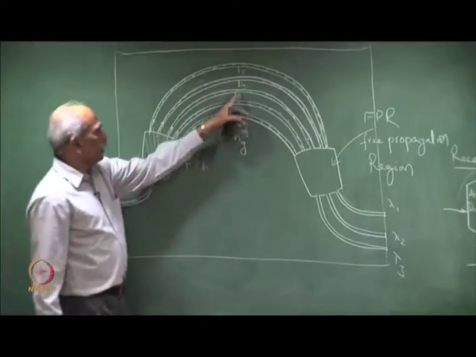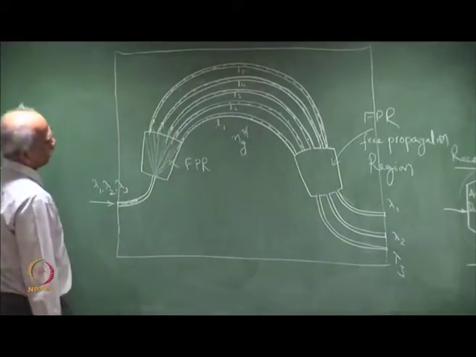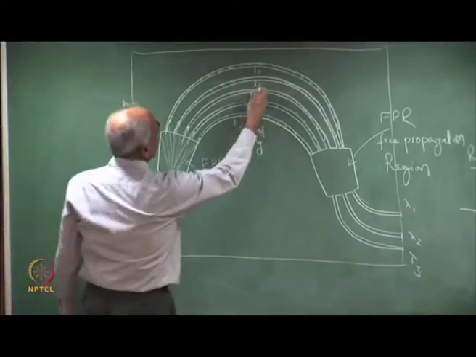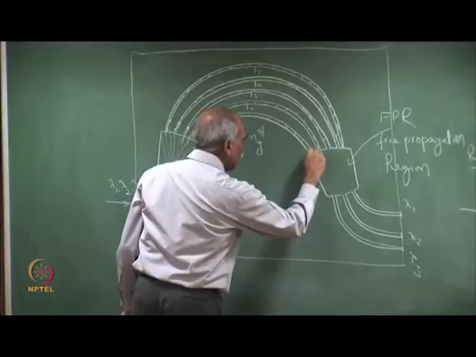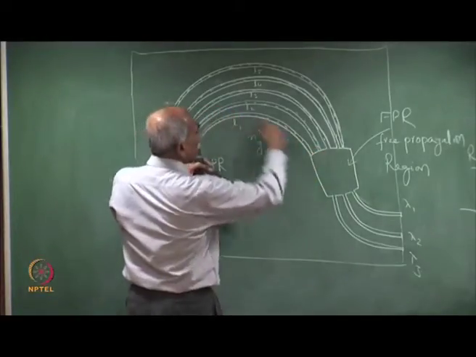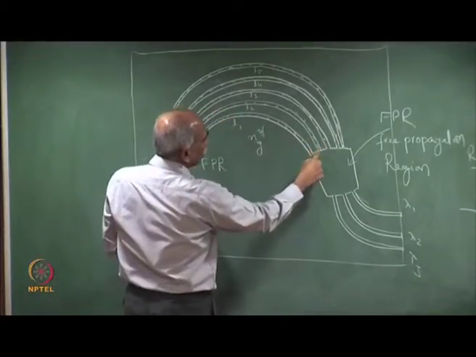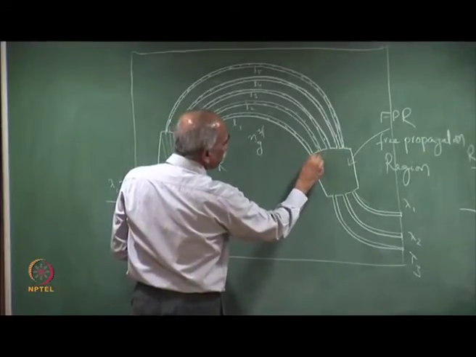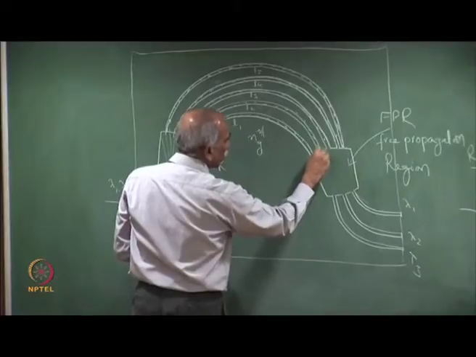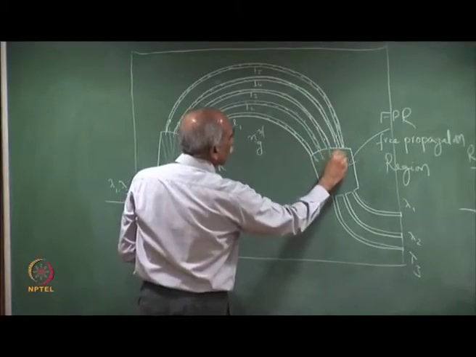If L1, L2, L3, L5 are different, the lengths of the various waveguides here, then when they reach here, there is a phase delay between the output which is coming from here, the output coming from here and so on.